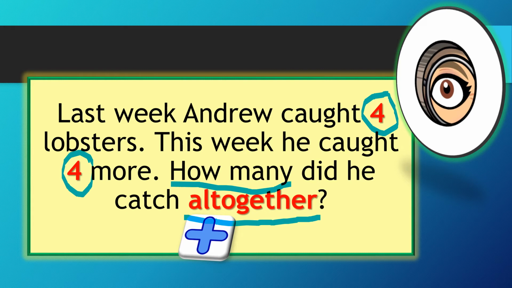In this case, our add-ins are 4 plus 4. Our addition sentence or our equation will say 4 plus 4 equals. Do you remember what you need to do in order to solve this problem?